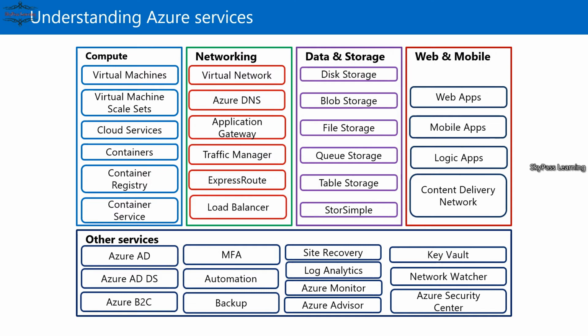It could be a virtual machine, a virtual machine scale set, a cloud service, a container, container registry, or container services. Wherever your resources or application can run is considered compute here. It could be a virtual machine, a container, or an app service platform.